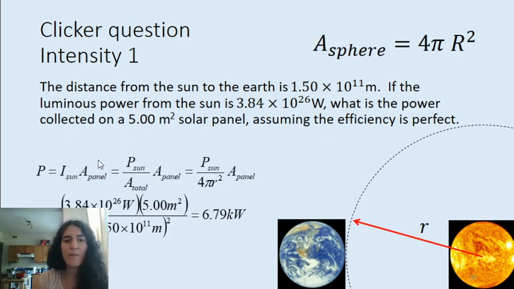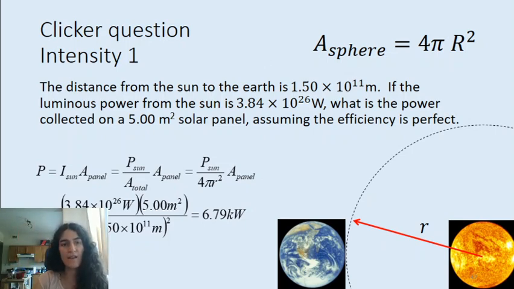So the power on the panel is going to be equal to the intensity from the sun on planet Earth times the area of the panel. But the intensity of the sun on planet Earth is equal to the power of the sun divided by this total area. And that total area that I mean is the surface area of an imaginary sphere that encloses the Earth.